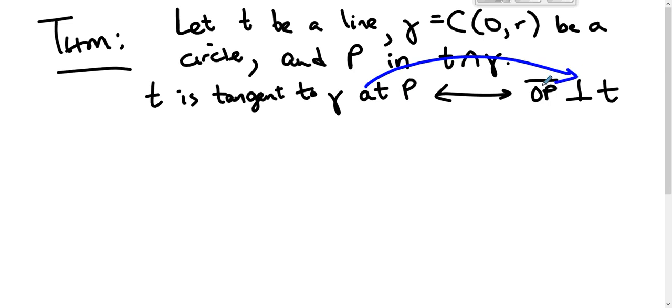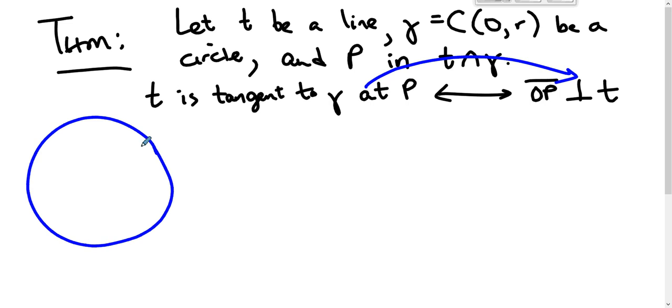We'll assume that T is a tangent line, which means that it intersects the circle just once, and it intersects at P. So we will assume that that's the scenario, and we will prove that OP is perpendicular to the tangent.